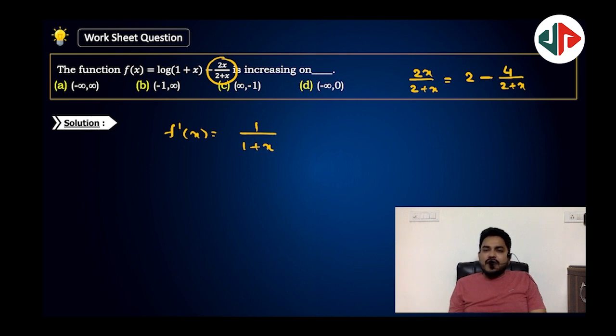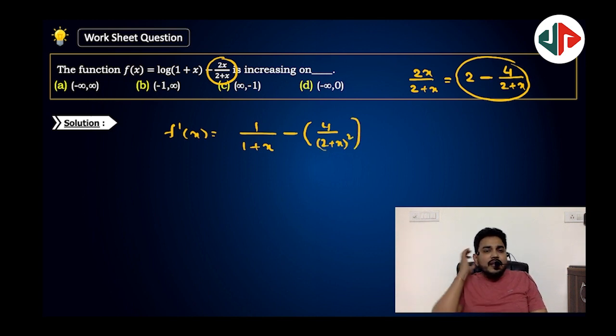When I differentiate this one, minus of 4 by 2 plus x whole square, because in the denominator 2 2s are 4 plus 2x.